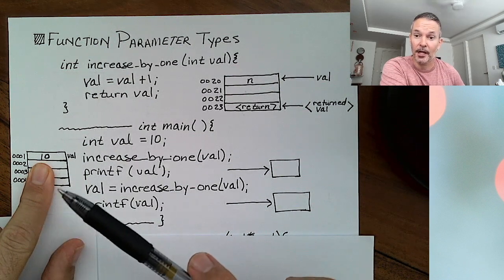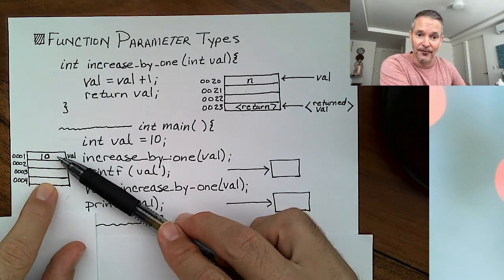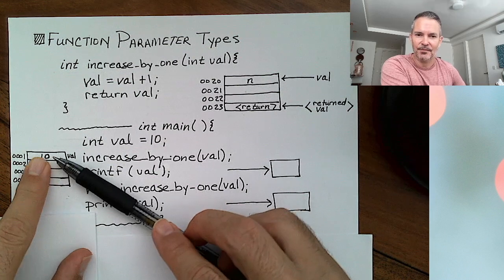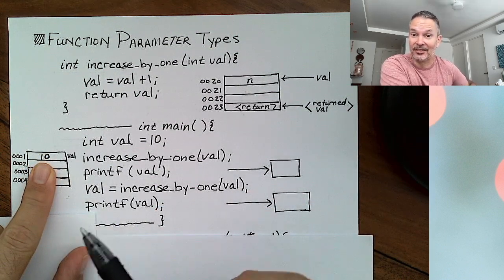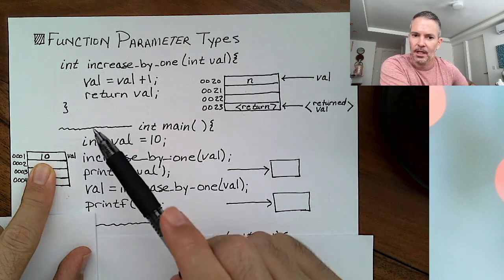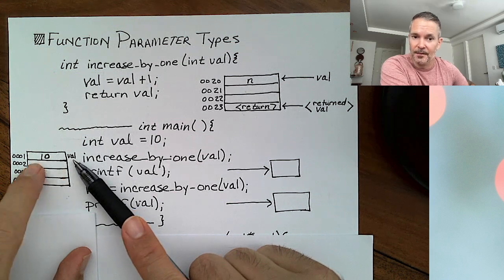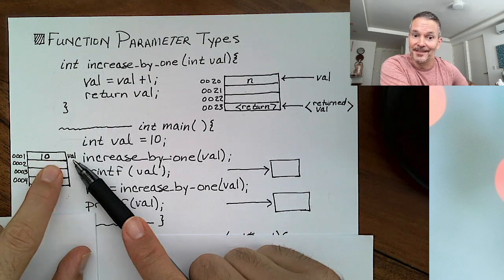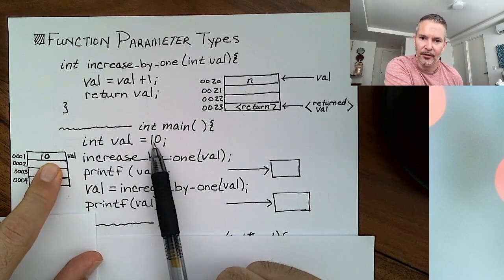Really, an integer is 4 bytes that are reserved in memory. I'm just pretending like it fits into 1 byte to make it easier to draw these diagrams, so don't let that confuse you. So I have an integer stored in memory, value equals 10.